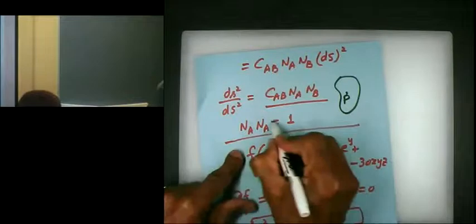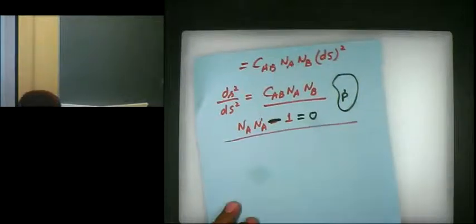So the first thing is, express your constraint as something equal to 0. We cannot say n·n equal to 1, we should say n·n minus 1 equal to 0. Now introduce a new function, and that new function is g.